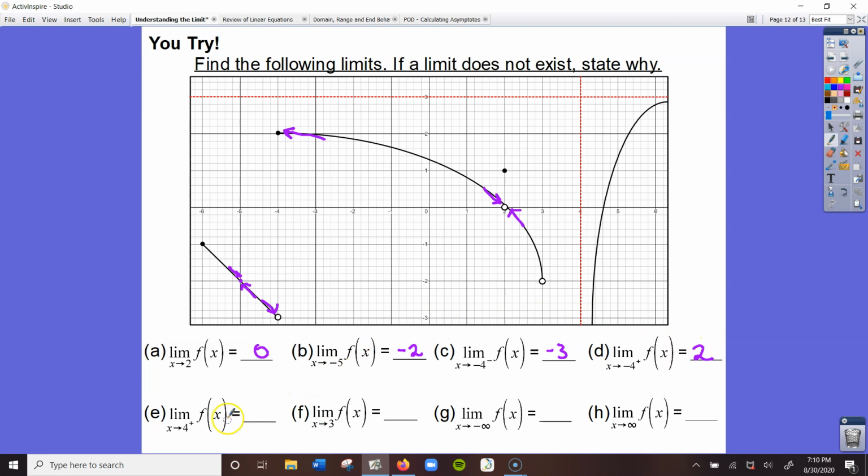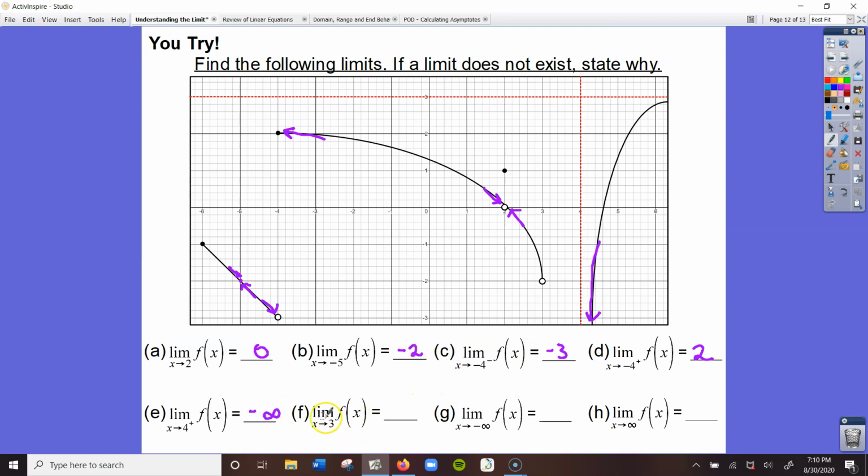Now we're moving on to the limit as x is approaching 4 from the right. Even though there's an asymptote at x is equal to 4, because this is a one-sided limit, we can answer that question. From the right, it seems to be going down forever, so therefore our limit would be negative infinity.